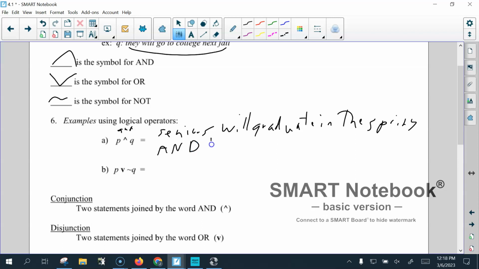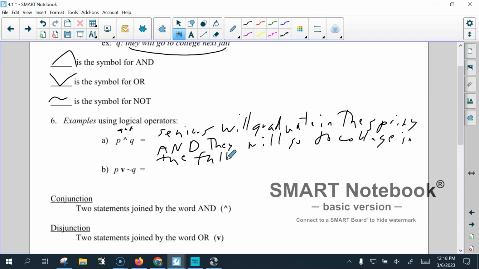They will go to college in the fall. So nothing super challenging. We're just substituting statements with letters.